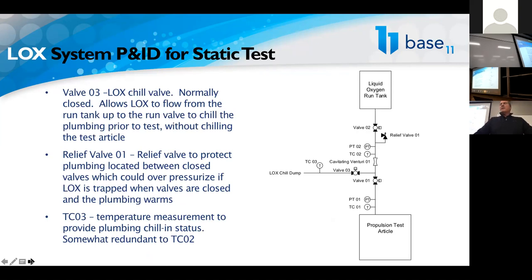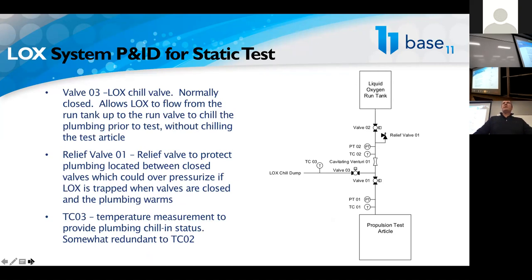We had another requirement that we not chill the test article. But if we have piping or tubing between the run tank and the fire valve, and that plumbing starts out at ambient temperature, it's a big heat sink, and it takes time for the liquid oxygen that you're flowing through your system to chill that plumbing down.